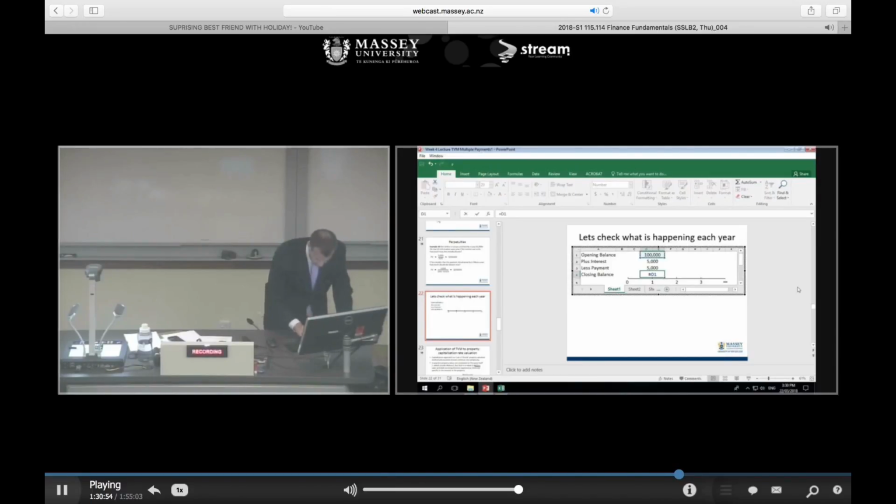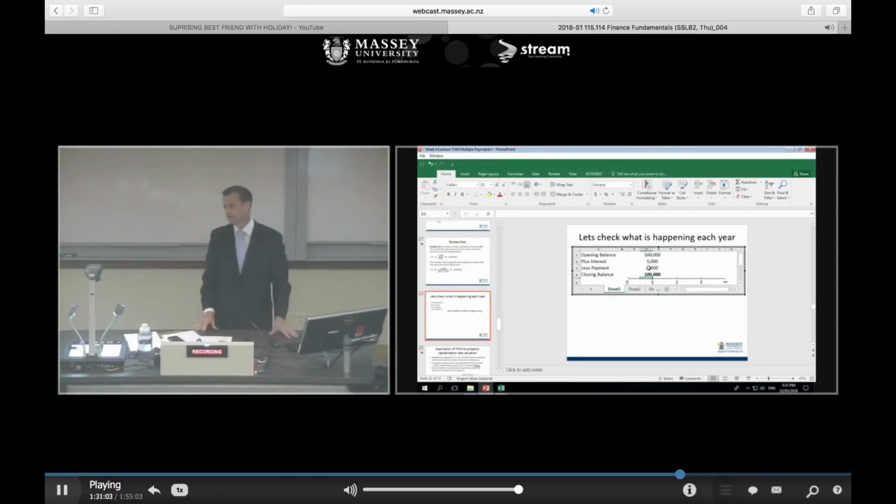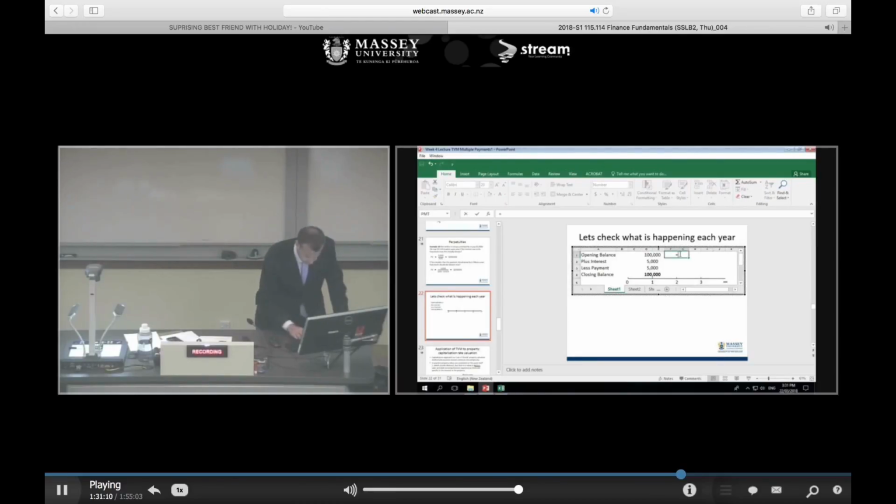So start off with 100,000, earns a bit of income, but then the first payment is made out of that scholarship. So left with $100,000. That becomes the opening balance in year 2. And actually, can I just copy that across?